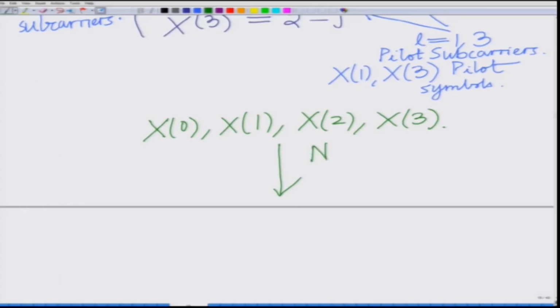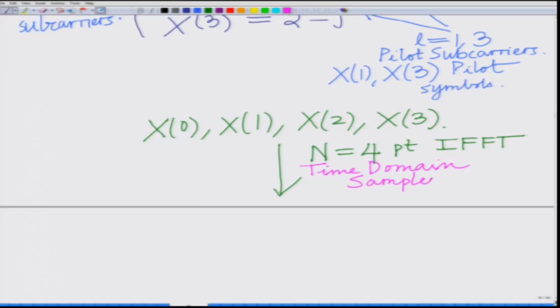So, now we consider the N equal to 4 point IFFT to generate the time domain samples small x0, small x1, small x2, small x3.